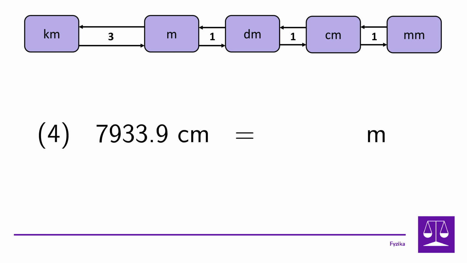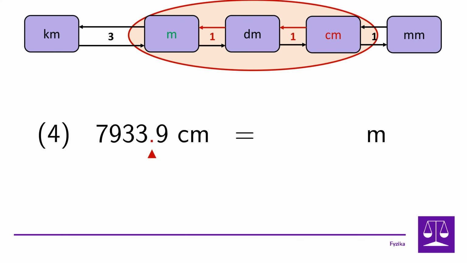For the fourth conversion, we are to convert 7,933.9 centimeters to meters. Since our task will be to move the decimal point, we will first highlight it. We're supposed to convert centimeters to meters, which in the conversion chart means we're going to move left one place to decimeters and then one place left to meters.